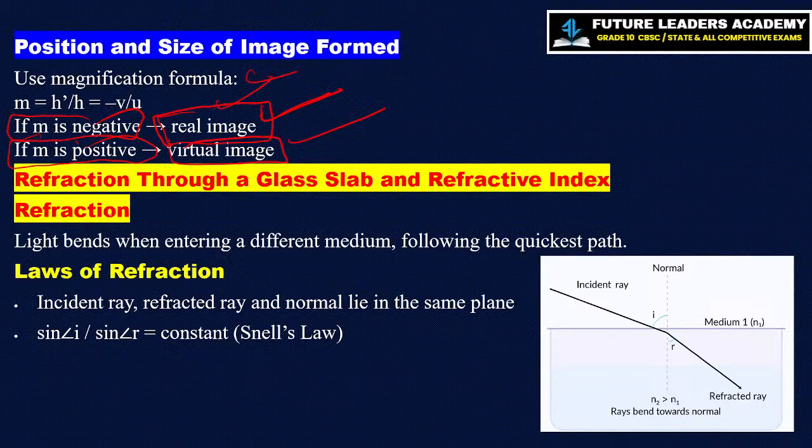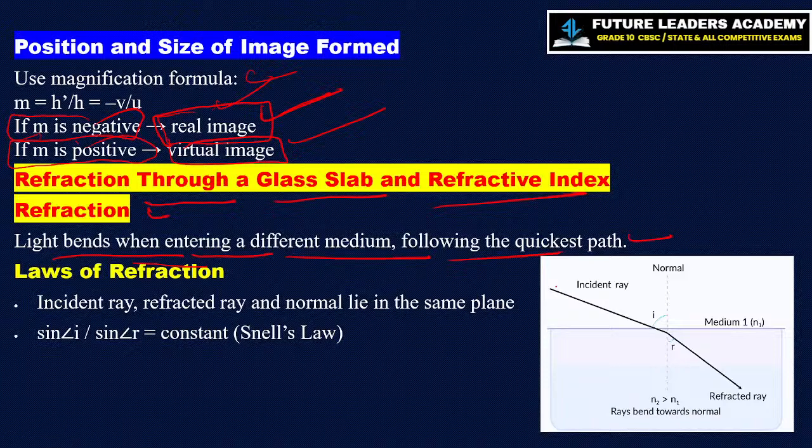The next concept is refraction through a glass slab and refractive index. So first, let us understand refraction. What is refraction? Refraction means light bends when entering a different medium, following the quickest path.